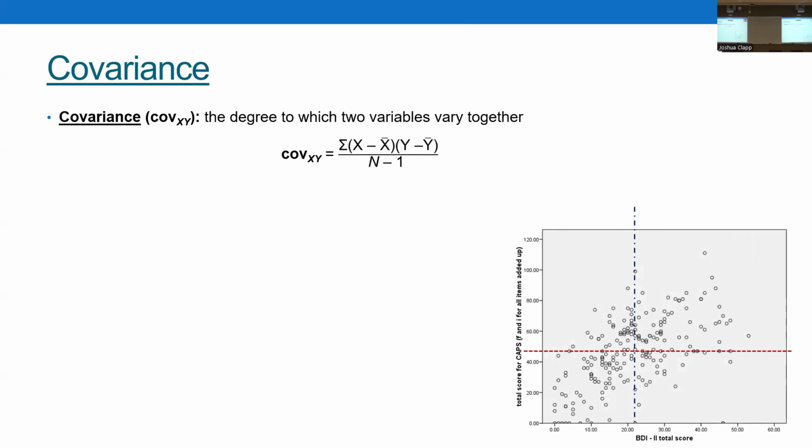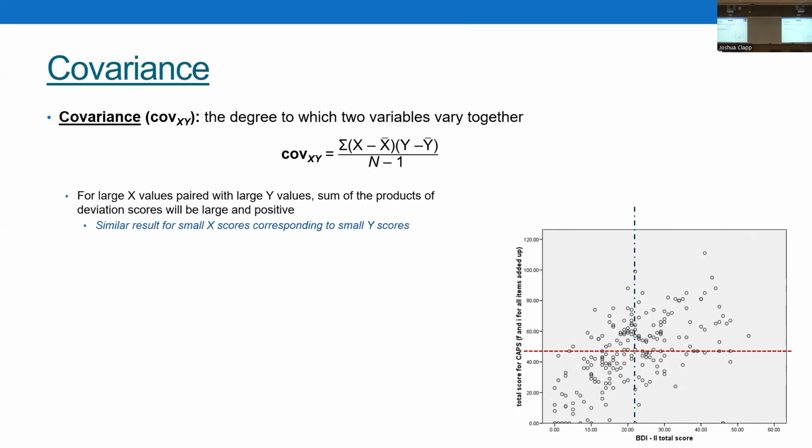Let's say we go back to our BDI and our PTSD scores. Here's the mean of BDI, and here's the mean of my CAPS scores. If I have a situation like we have here, where I'm pairing large values of X with large values of Y, the sum of those products is going to be large and positive.